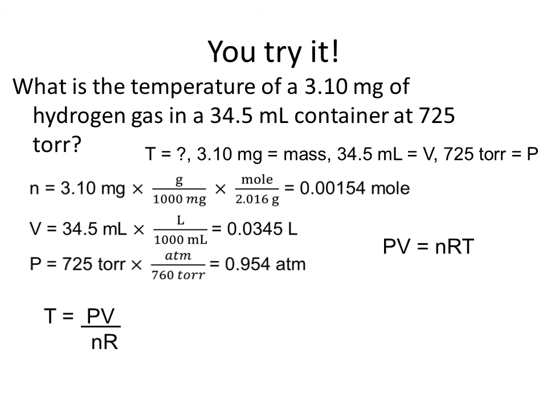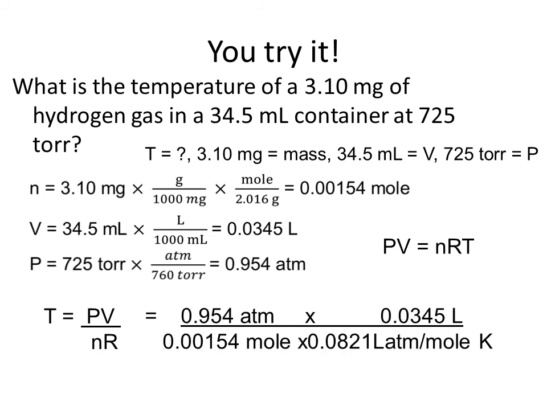This oftentimes is a problem for students because they're not doing their algebraic rearrangements correctly. If you need help doing this, please ask me for help. So now all I have to do is plug in my values. These are the values that I have for P, V, n, and R. Of course, R is always the same thing.